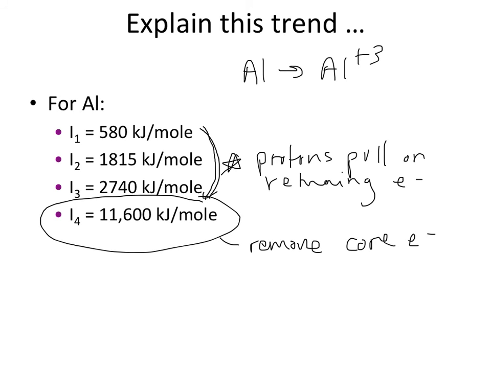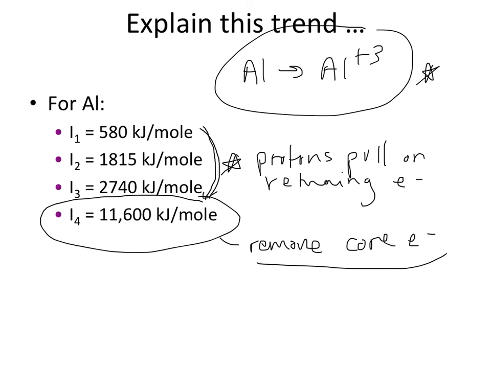Remember, the first 3 electrons that are being removed, aluminum wants to do this. It wants to gain an electron configuration that is similar to or the same as its nearest noble gas. This is what all of the elements are doing in terms of reactivity. Now, when we go to remove those core electrons, we're disturbing the stability of having that full shell. So that's why this 4th electron has such a large jump and a large gap from the 3rd.